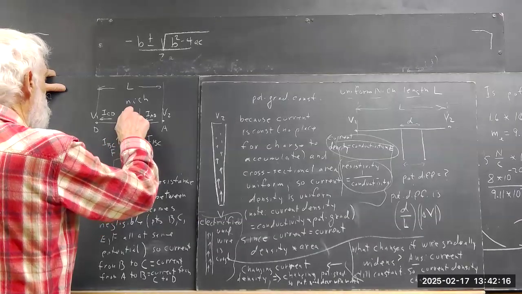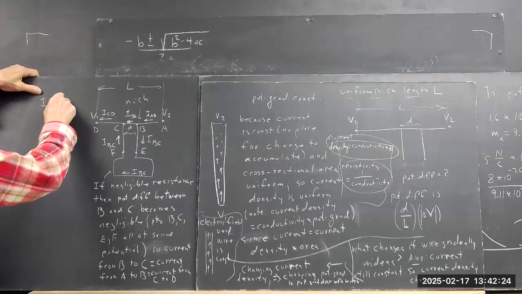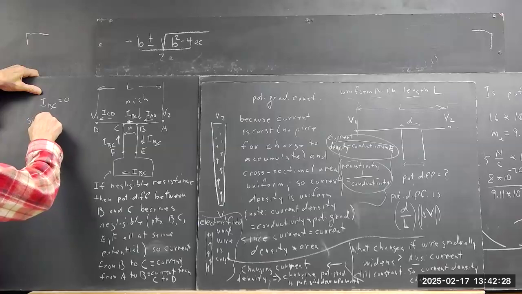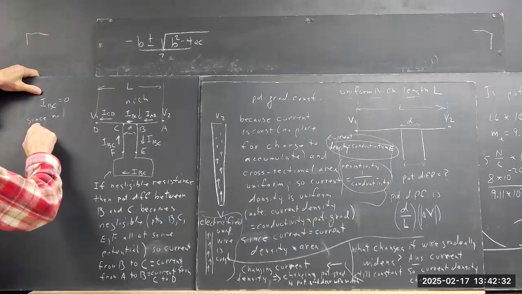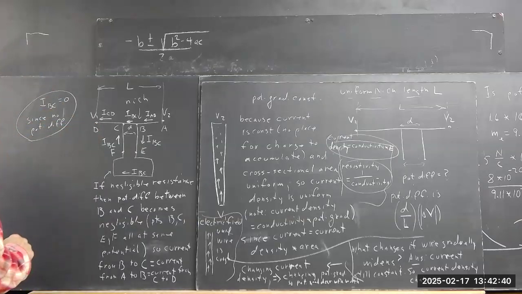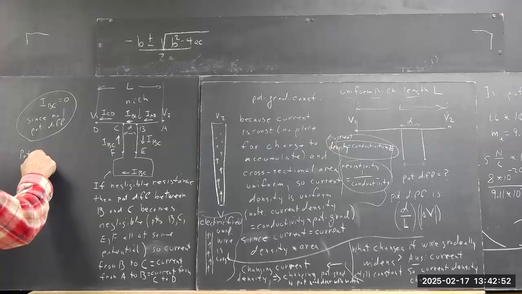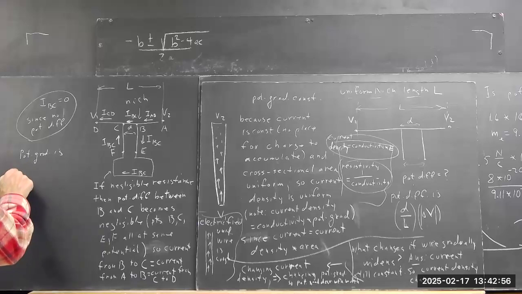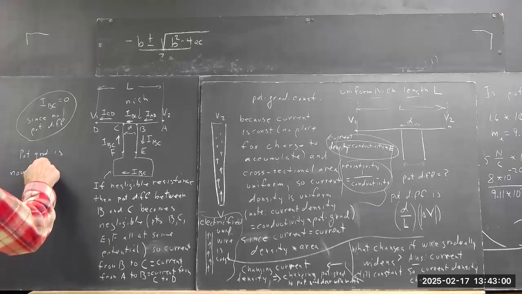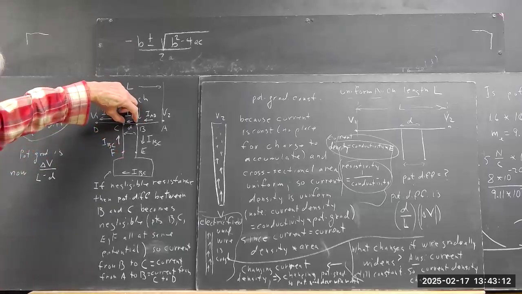Okay, and then we'll have current I_BC, and there's no potential difference from B to C. Potential gradient is now delta V divided by L minus D. Remember, L is total length, D is this.